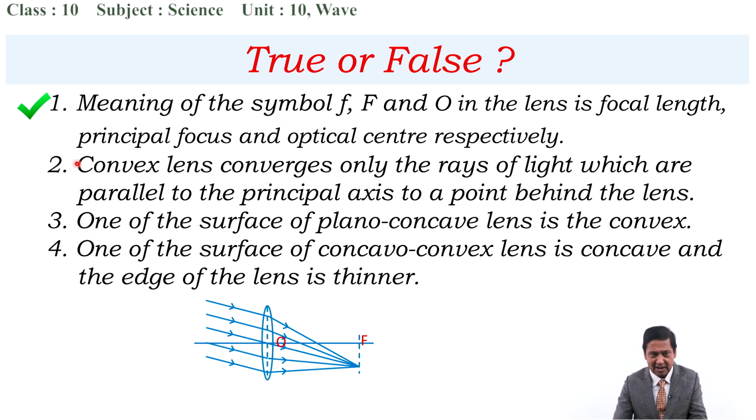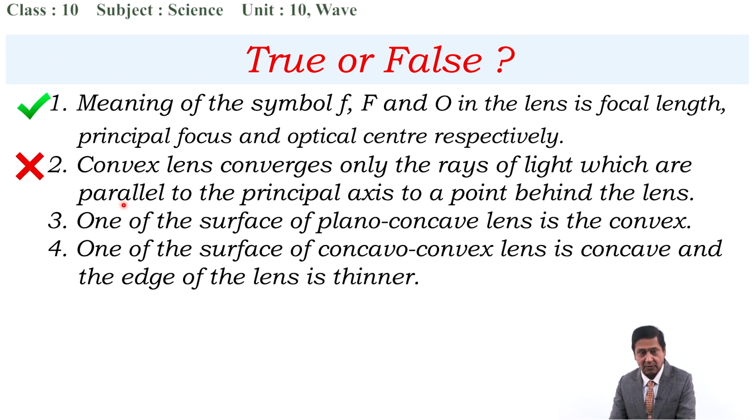It means this saying is not correct. A convex lens converges all the rays of light which come parallel to each other, after refraction, at a point. That's why this argument is not correct. So I'm going to cross it.